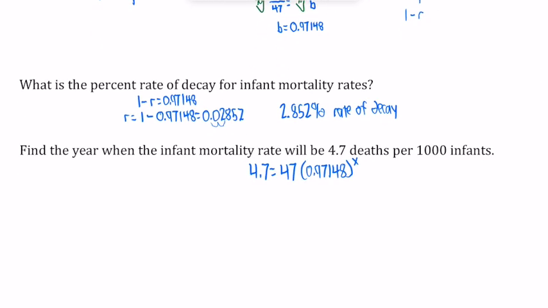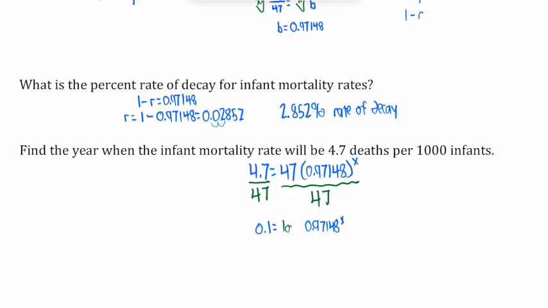To do that, first, we divide both sides by 47. 4.7 divided by 47 turns out to be a nice number to work with. If you get a really long decimal, I tend to just leave it as a fraction. But here, 4.7 divided by 47 is just 0.1. So we have 0.1 equals 0.97148 raised to the x.